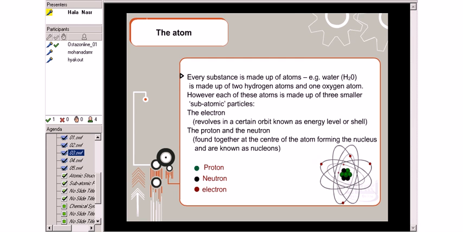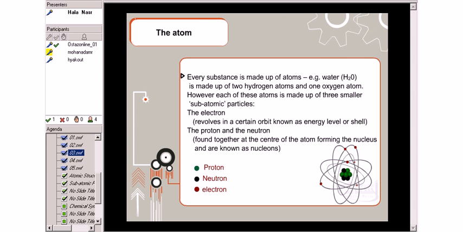So, Muhanna, do you know the cell? Does it only consist of this cell, or is it even smaller than that? There are subparticles inside it. Do you know what these subparticles are? What's the main particle inside the cell?